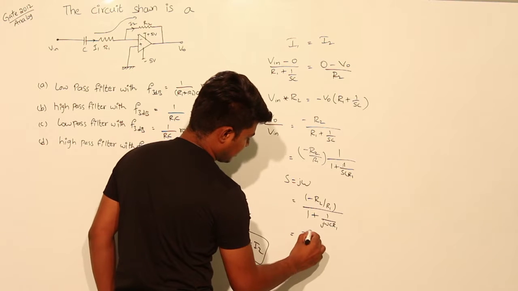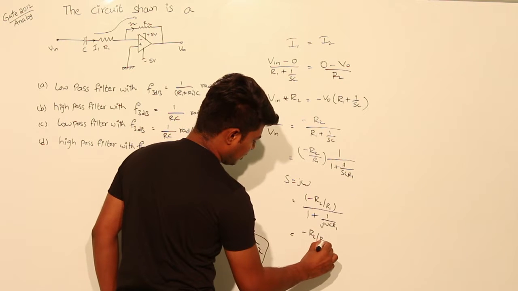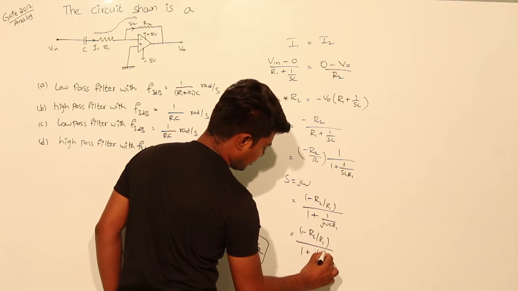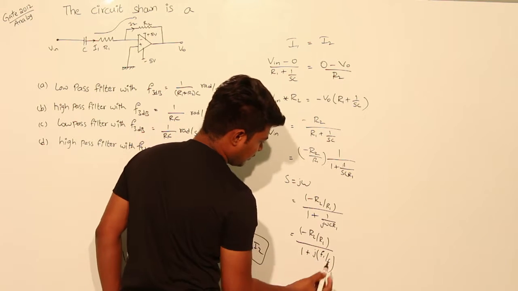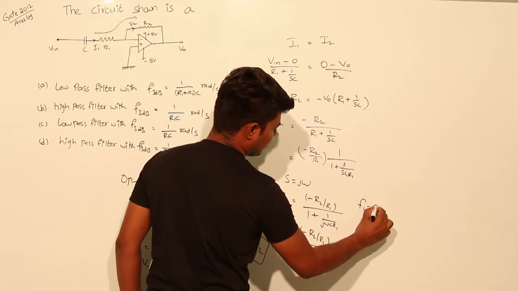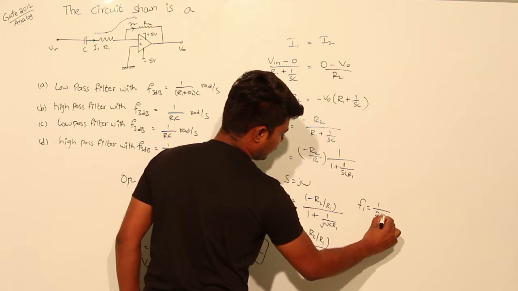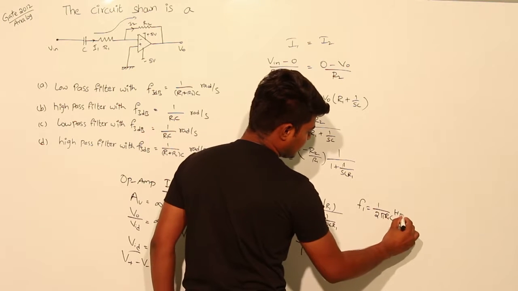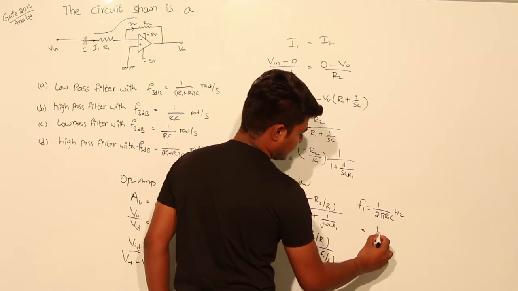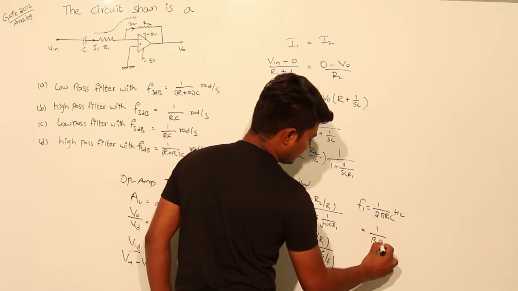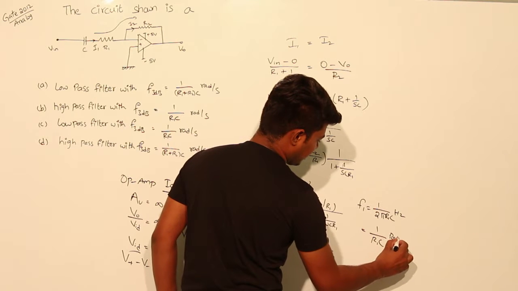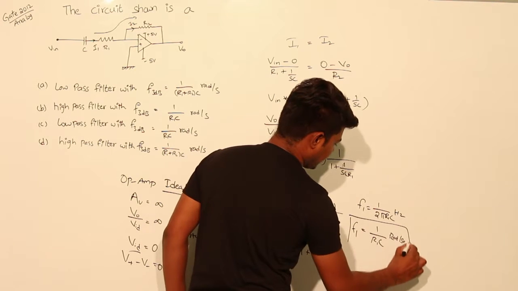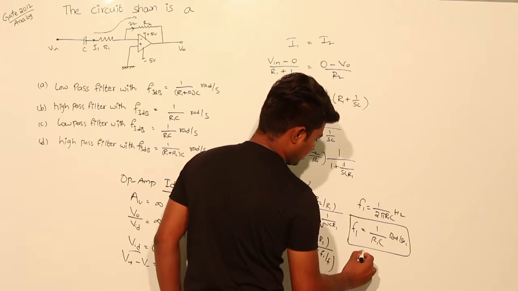This we can write as minus R2 by R1 by (1 plus J into F1 by F), where F1 equals 1 by 2 pi R1 into C. This is in terms of hertz. If we want radians per second, this will be 1 by R1 into C. This is F1, or F3 dB, or cutoff frequency.